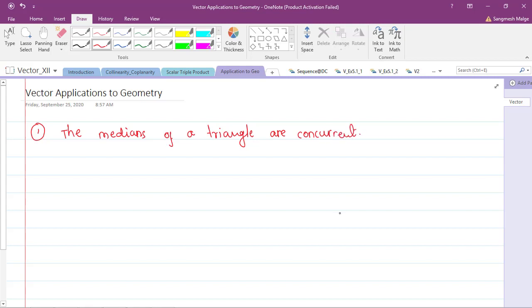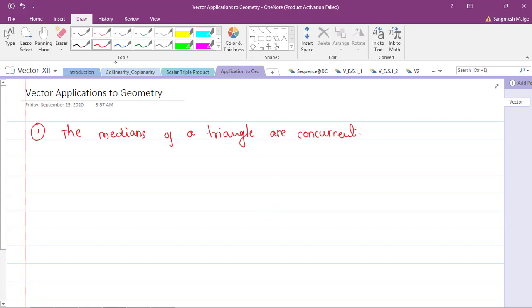So this is the standard result we have in geometry, and we have a geometric way to prove this. Now how to use the vector tools or the vector application to prove this statement.